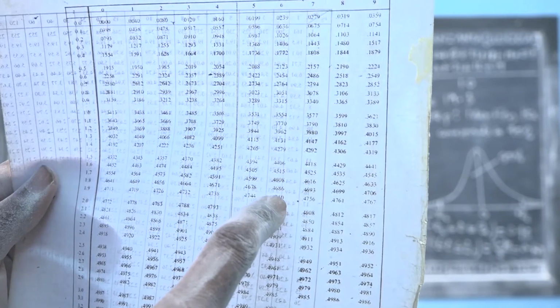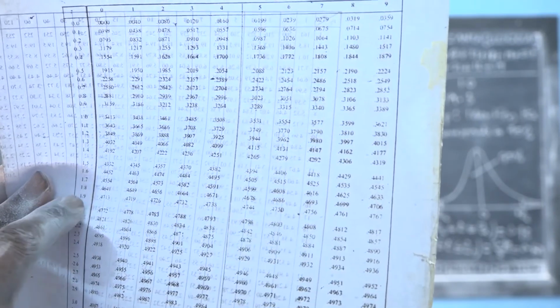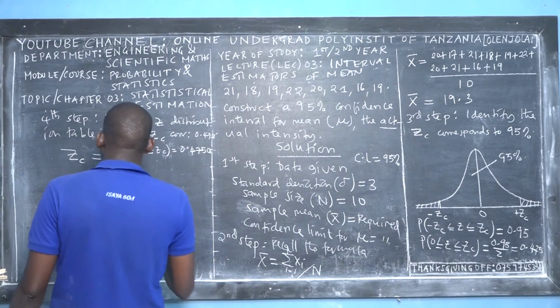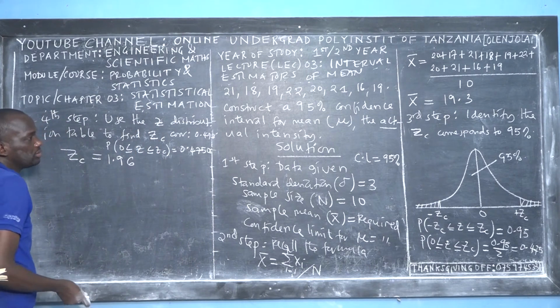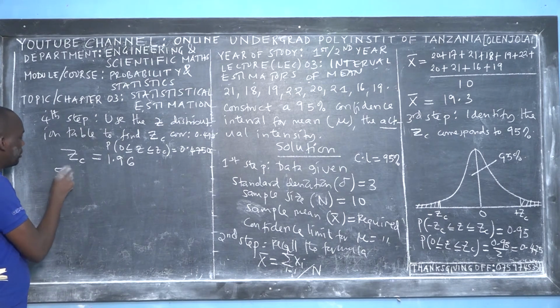The corresponding Z value is what? 1.9, and then the second decimal place is 6. So the corresponding Z is 1.96.